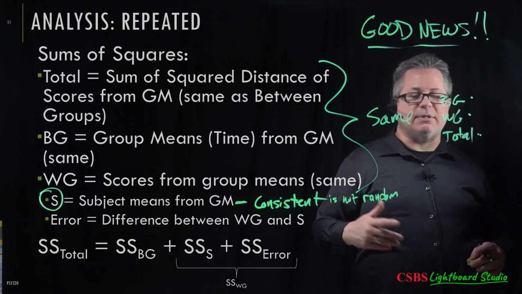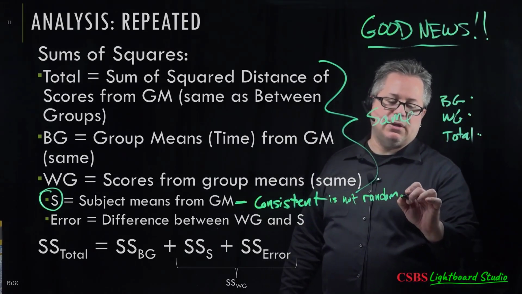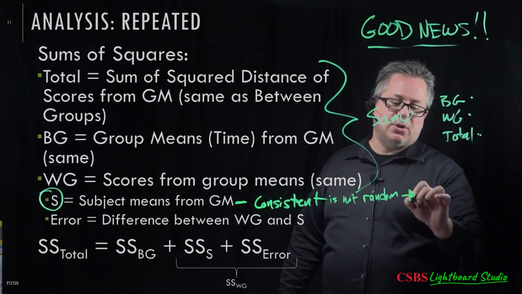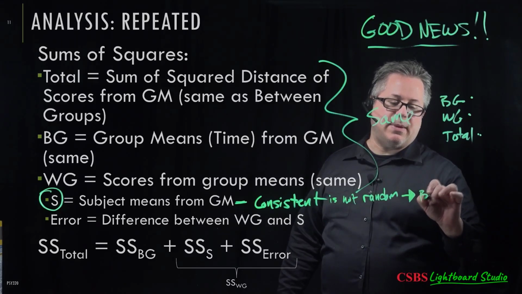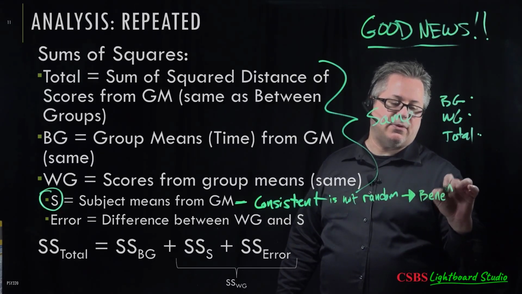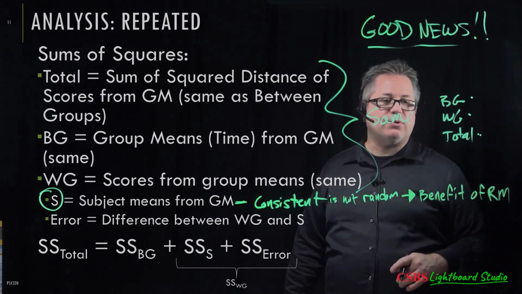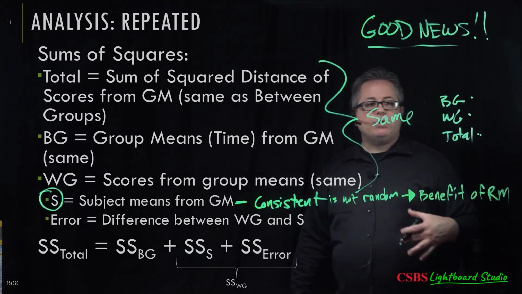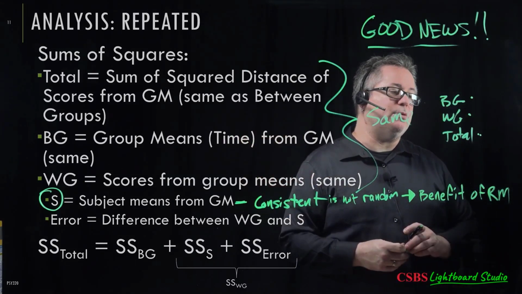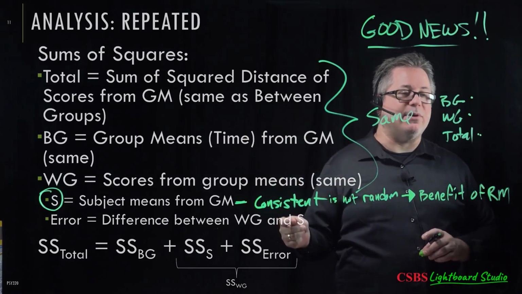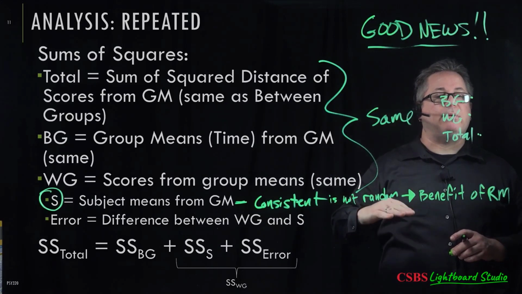It may sound like it's a pain in the butt because it's extra things, but this is actually what makes repeated measures really good. This is actually the benefit of doing repeated measures, because we're able to take a portion of variance that we would have treated as error if this were independent or between groups, and we're removing it, which means that our error term is going to be smaller.